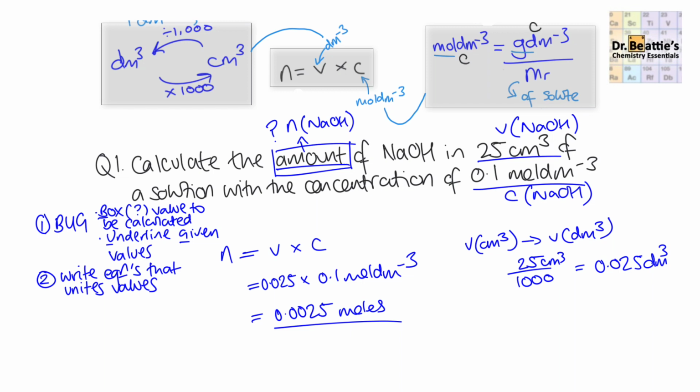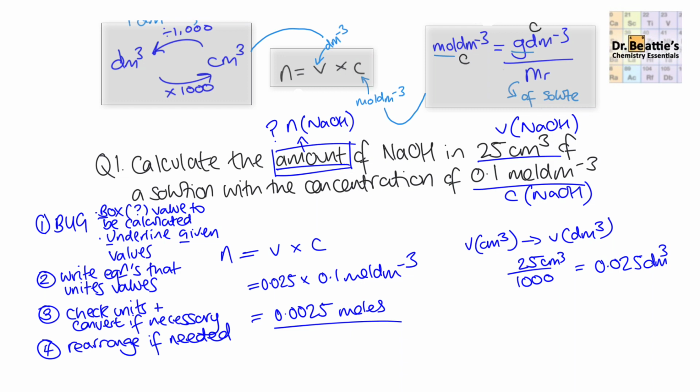Because we had C, V, and n, they were all united by one equation, n equals V times C. Sometimes you might have multiple formula triangles that you have to merge. The third step was to check the units and convert if necessary. We saw that volume was in centimeters cubed, so we converted it using this conversion here into decimeters cubed, so it fit the equation of choice.